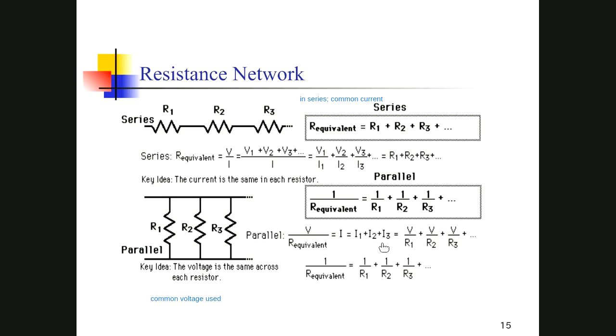Now, each current I1 is the voltage over R1, because the voltage is the same, a common voltage. So V over R1, V over R2, V over R3, where voltages 1, 2, 3 are all the same V. That's why we have this formula: 1 over the total resistance equals the sum of 1 over each resistance.